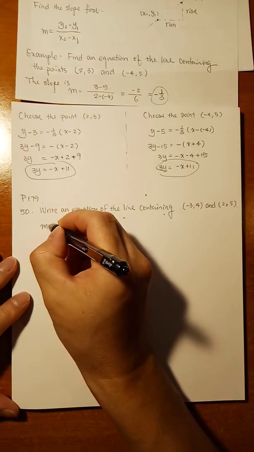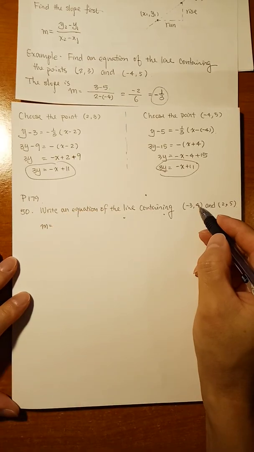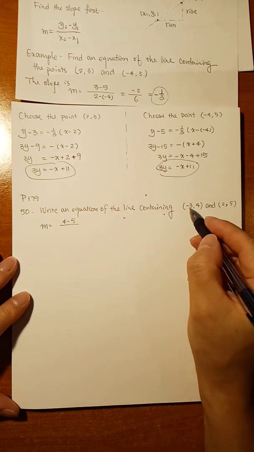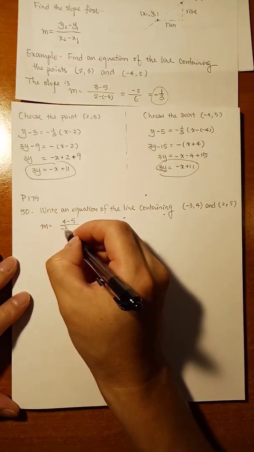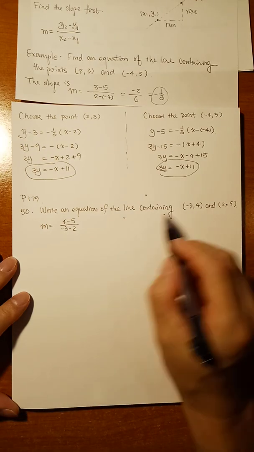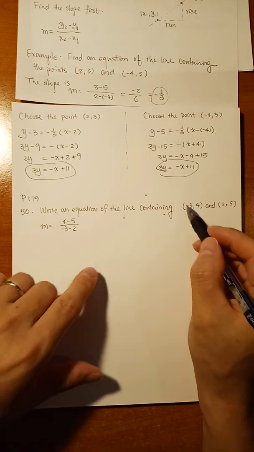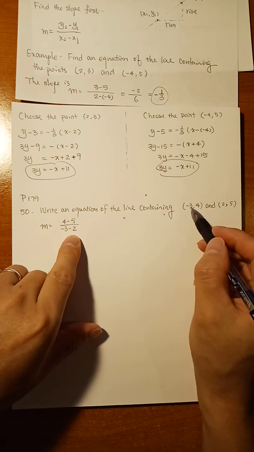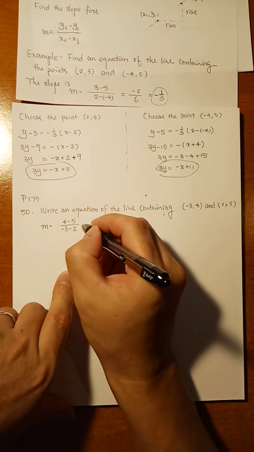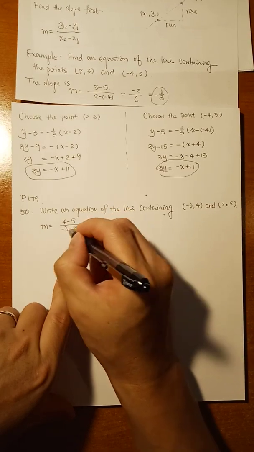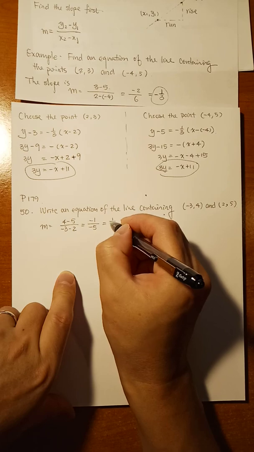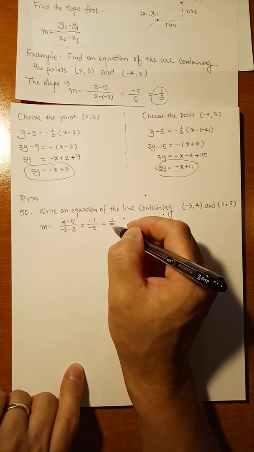We first compute the slope. Slope is y minus y over x minus x. Always keep in mind you have to pair them. This 4 comes from this point, so the -3 will come first, also from this point. 4 minus 5 is -1. -3 minus 2 is -5. It's 1/5. The slope is 1/5.